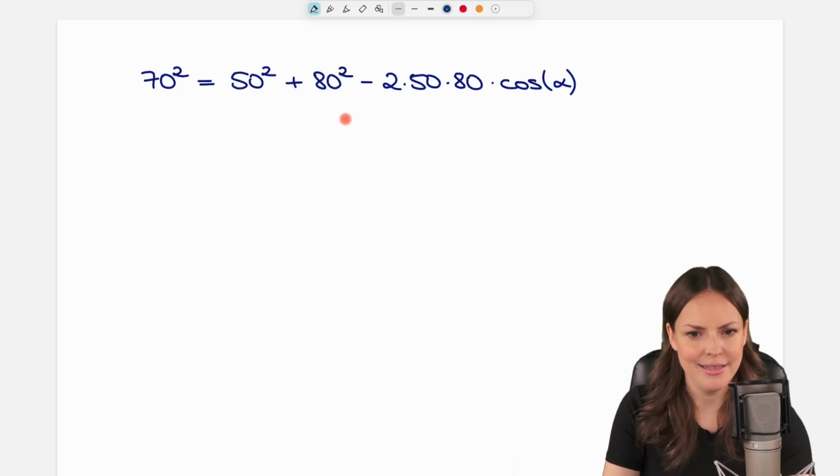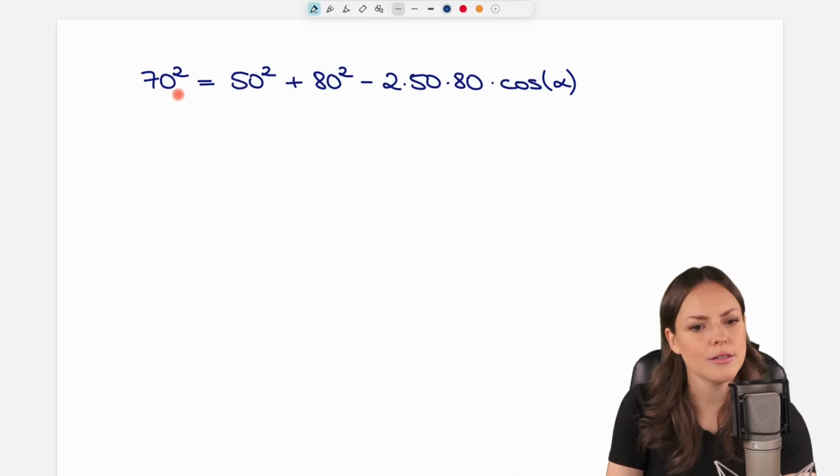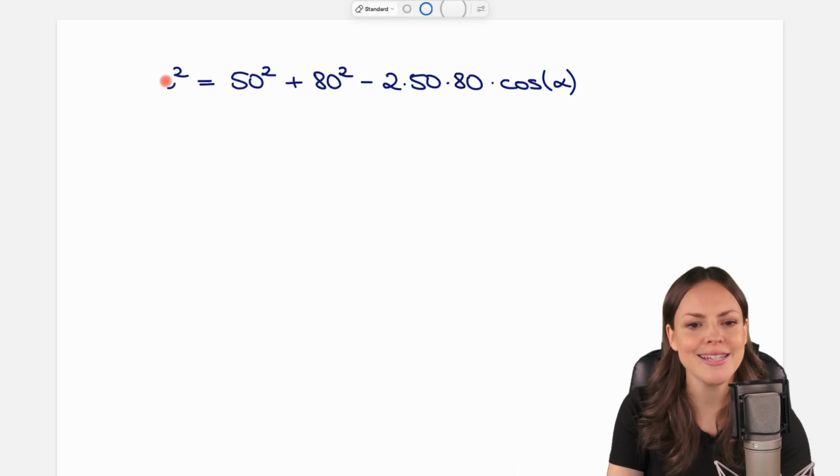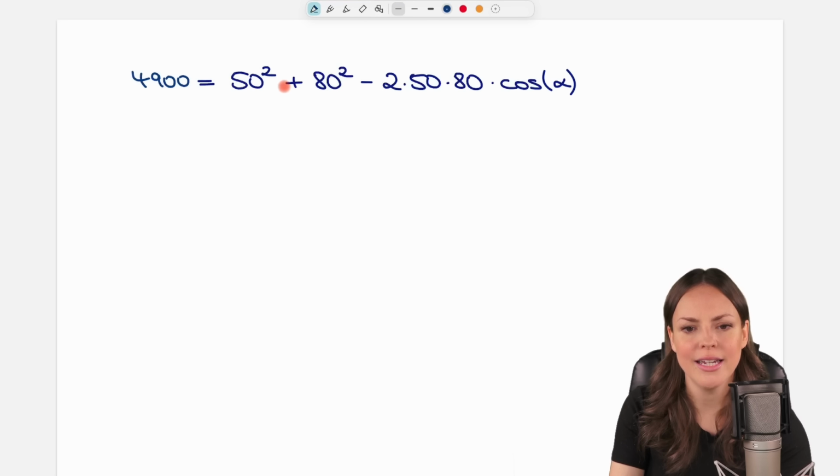Let's calculate a little bit. You were allowed to use your calculator in this exam, so 70 squared, either you do it in your head or just type it in and you get 4,900. On the other side, we have a plus here, a minus here, but then we have multiplications here.